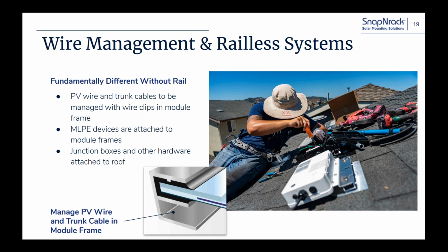And there still is a channel. It's turned 90 degrees and points typically down the roof, because you're going to be managing those PV wires up inside the module frame. That's the best way to think about it: there still is a channel, a very usable space for all these PV wires and anything else you need to manage, and that's inside the module.